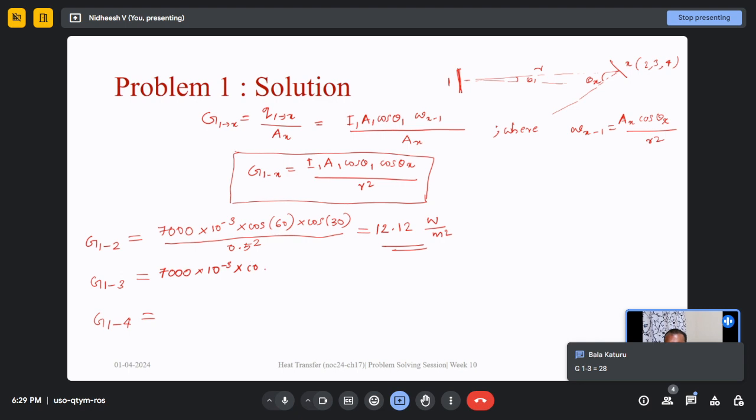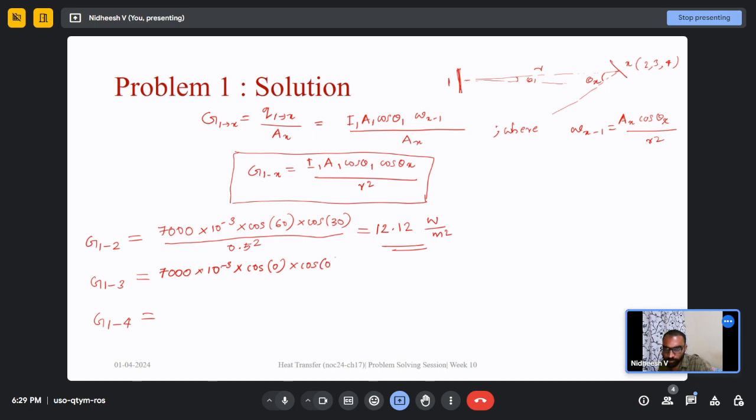Yes, that is correct. Cos 0 and cos 0, right? It would turn out to be 28 watts per meter square.